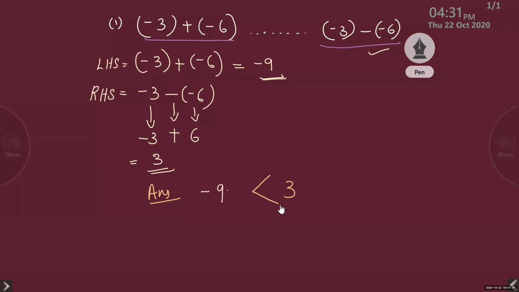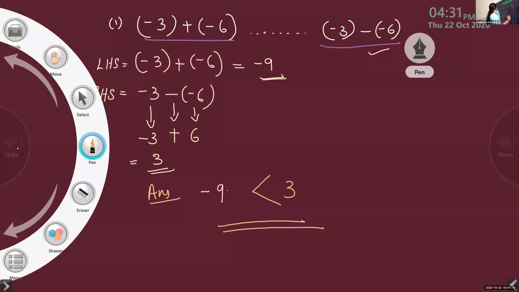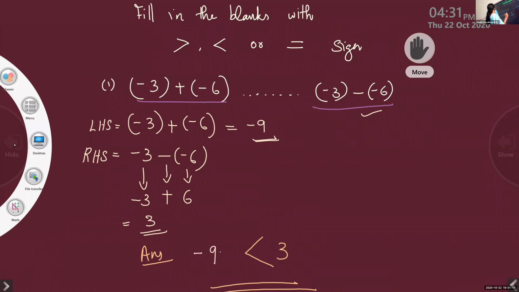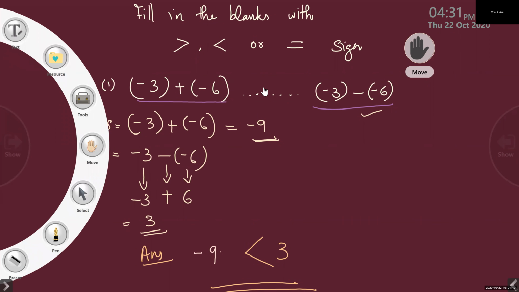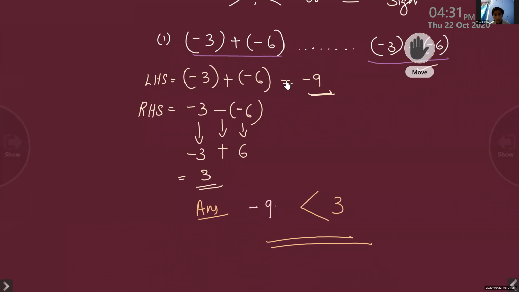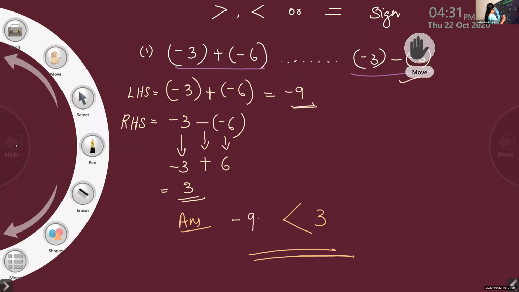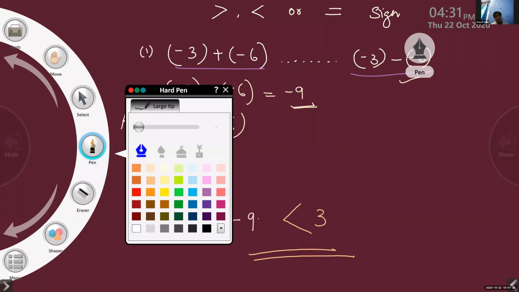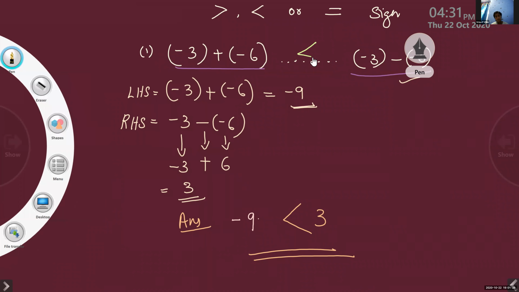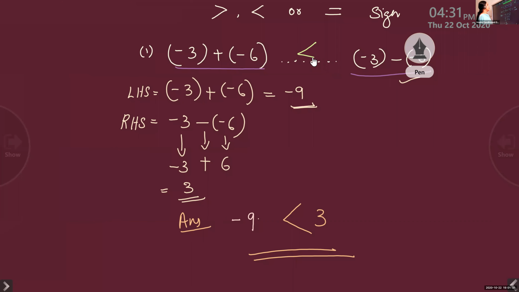This is greater, right? So after doing it only, you will understand. Both sides you have to do and find out the answer. Then only you can substitute here. It is negative 9 less than positive 3, like this. Without doing, you cannot tell the answer.